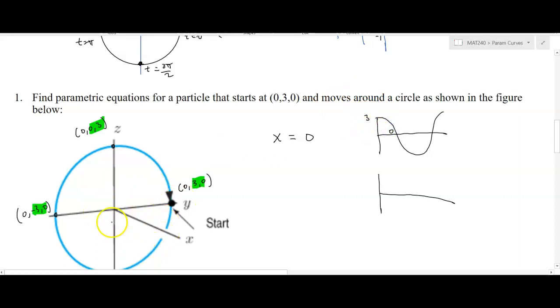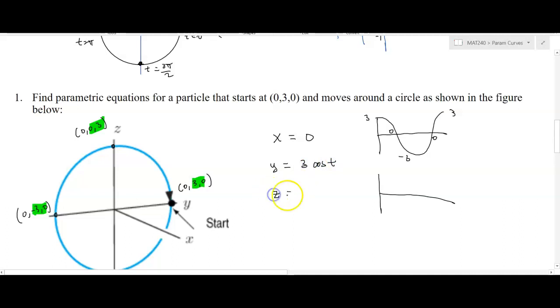Now my y component is going to go to negative 3 over this half circle, back up to 0, so back up to this y value here. And now my y value is going to increase back to 3. So to do that, I will use the cosine function, but my y component will be 3 cosine of t.